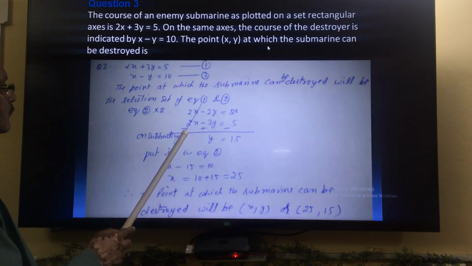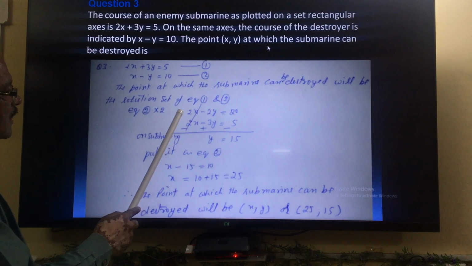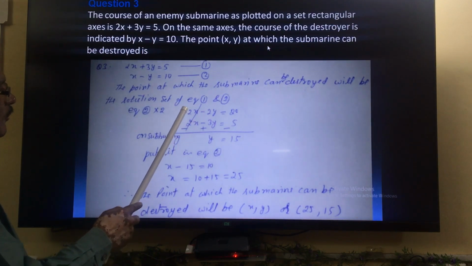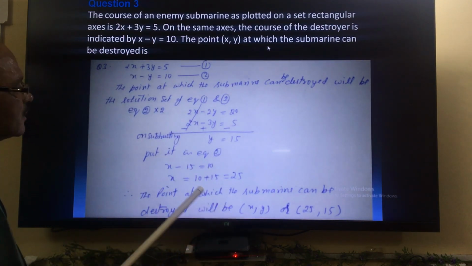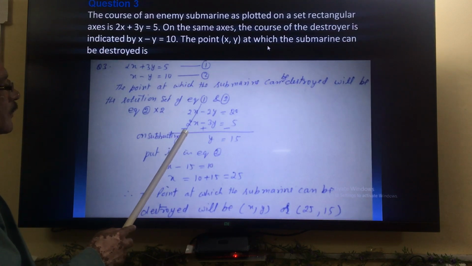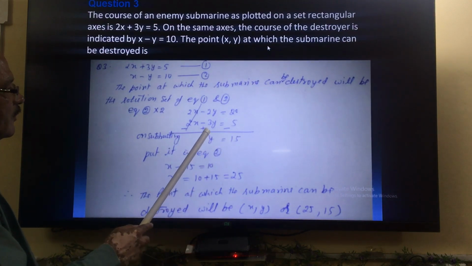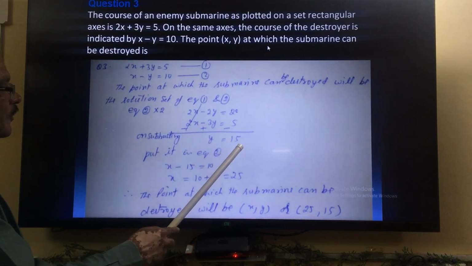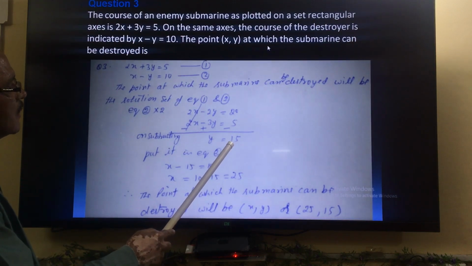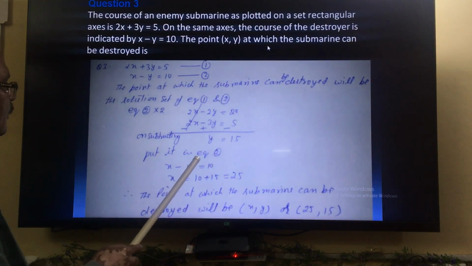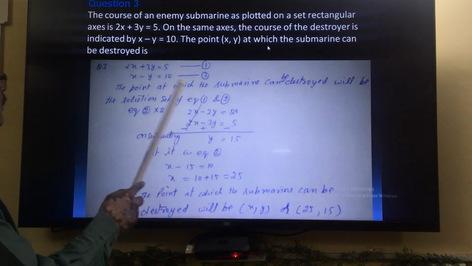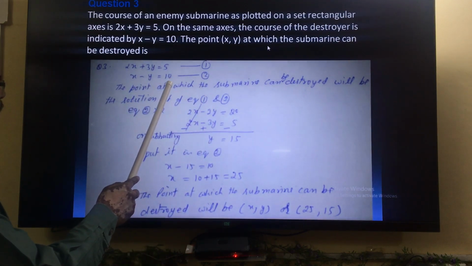Because the sign of this 2x and this 2x are both positive, if they have the same sign we will subtract. To subtract, we will change the sign. After changing, we will get minus 5y equals 15. So we got the value of y, and we will put this value of y in equation number 2, x minus y equals 10.